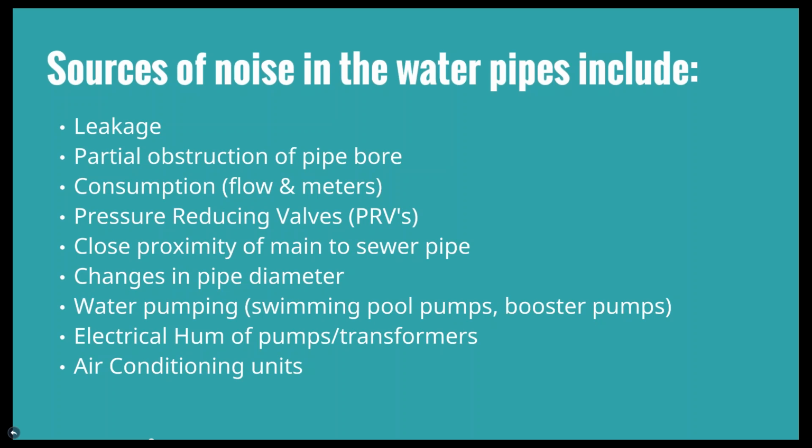Another source is close proximity of a main to a sewer pipe. The noises that a sewer pipe creates can be picked up by hydrophones, especially surface-mounted ones, from just the water running in an adjacent sewer pipe. Then there's change in pipe diameter, and pumps.